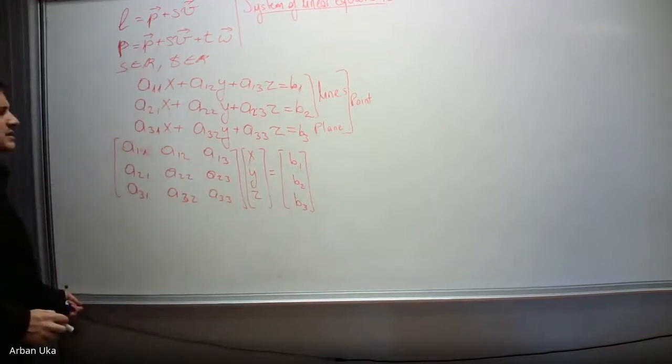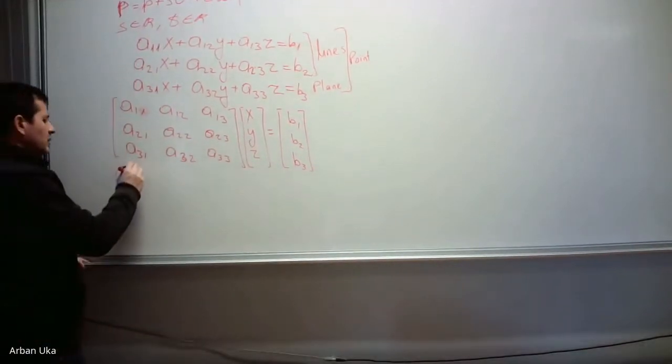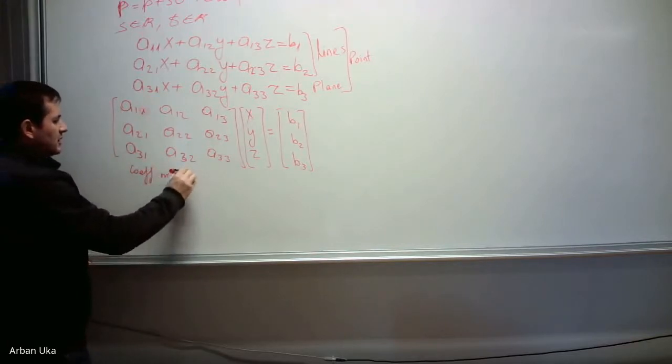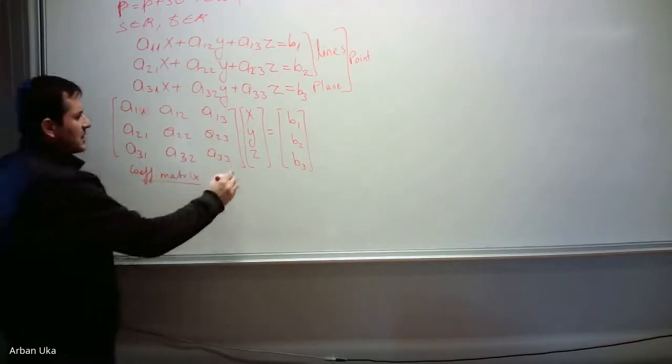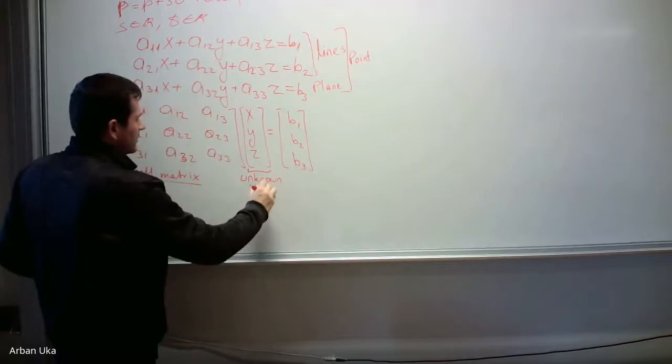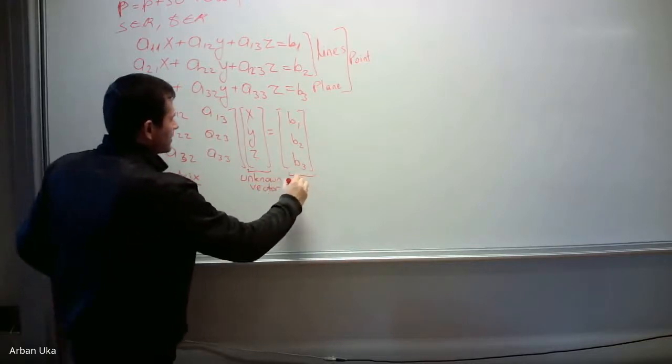So in this system, we observe that this is the coefficient matrix, and this is the unknown vector. And this is the answer vector.